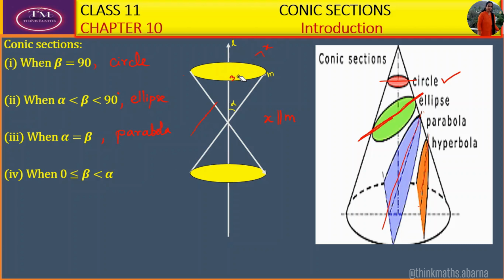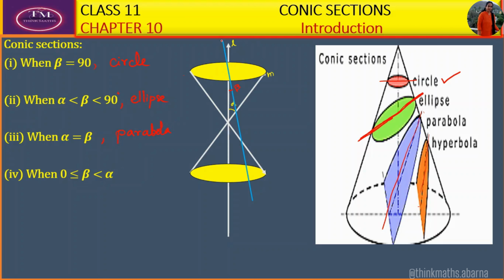Now the last shape is the hyperbola. This is the way the hyperbola cuts. This is the angle made by the hyperbola, which is beta. Here beta will be greater than or equal to 0 but less than alpha.